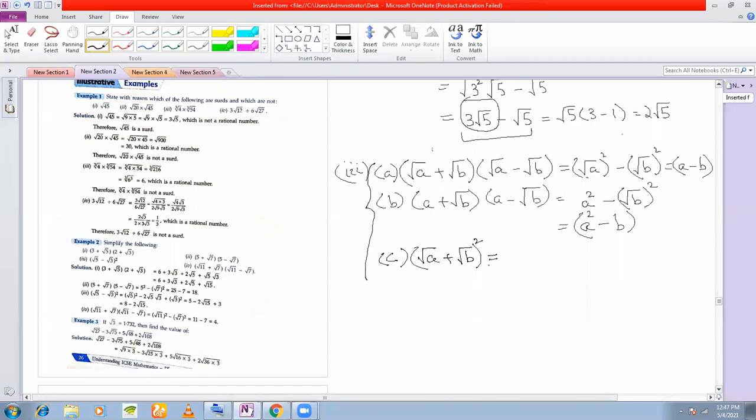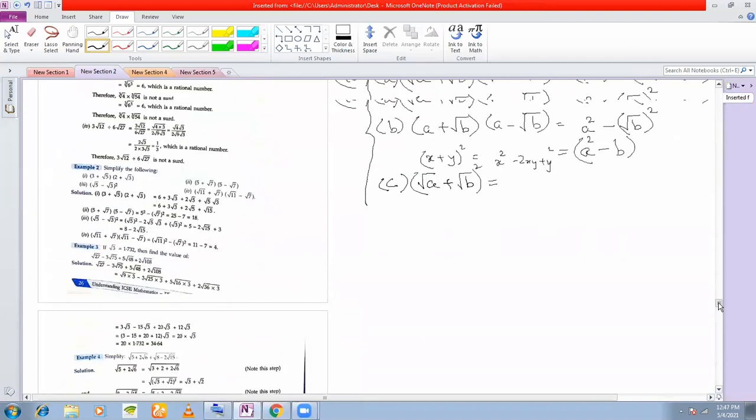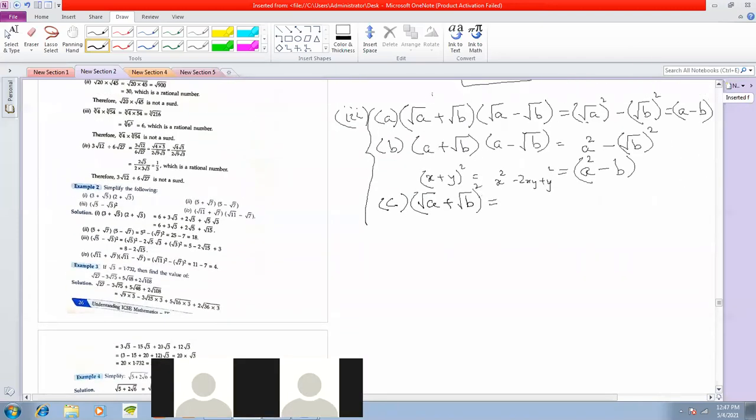Root a plus root b whole square. How do you expand this? You do this by the a plus b whole square formula, x plus y whole square, which is equal to x square plus 2xy plus y square, isn't it? So you expand this by the formula.